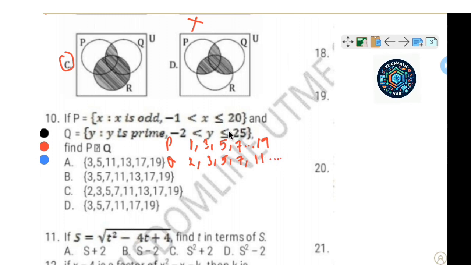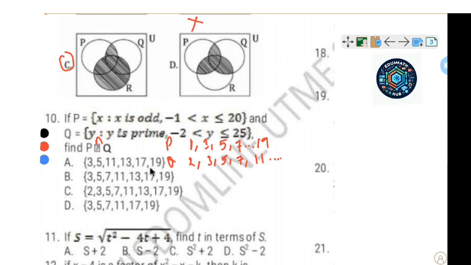Now since you are doing intersection, you look at what they have in common, P intersection Q. The last number for P is 19, so the last number here too, because what you're going to have is less than or equal to 25.